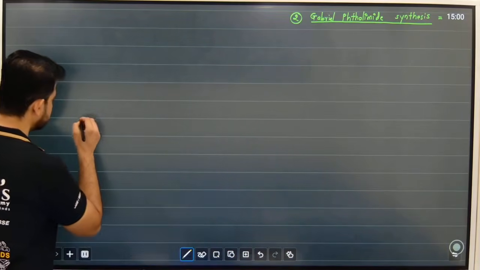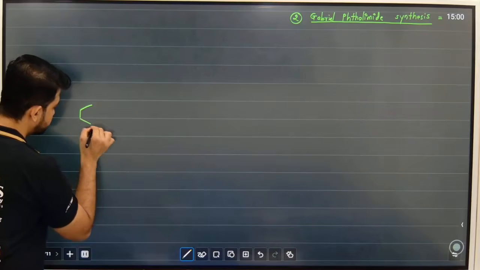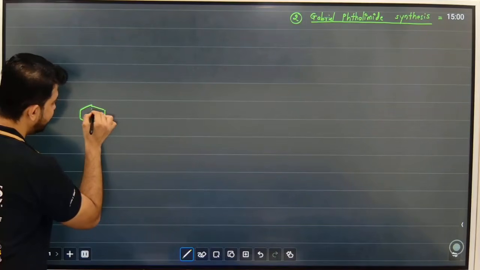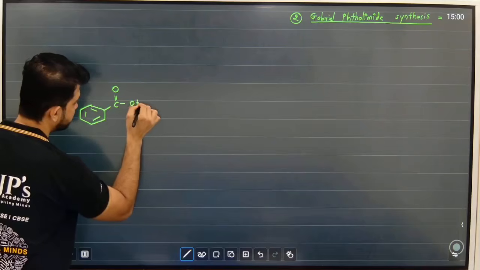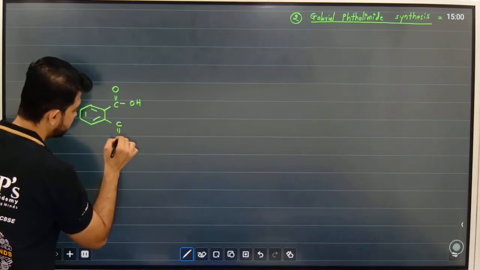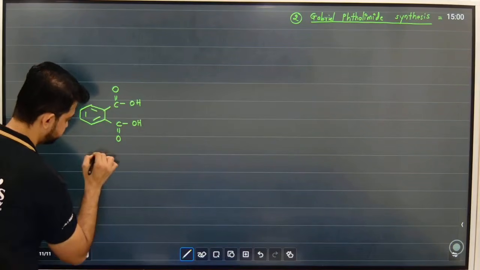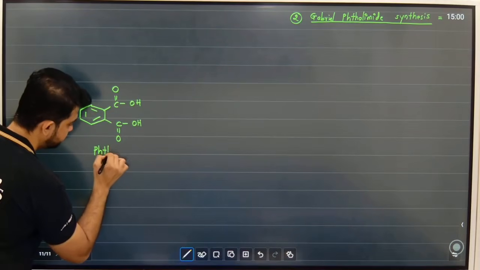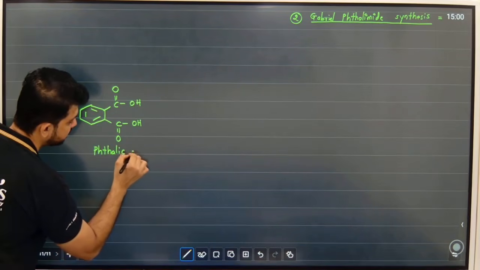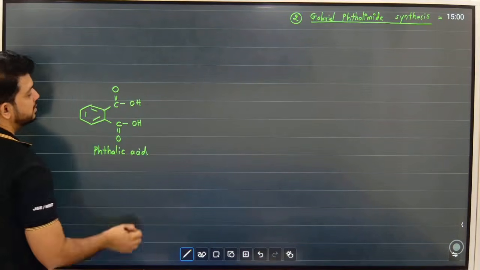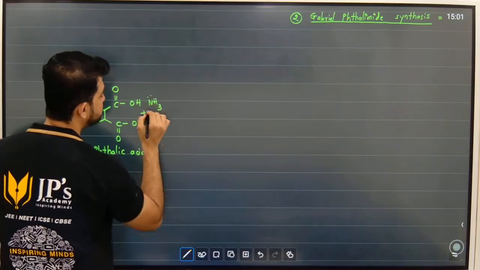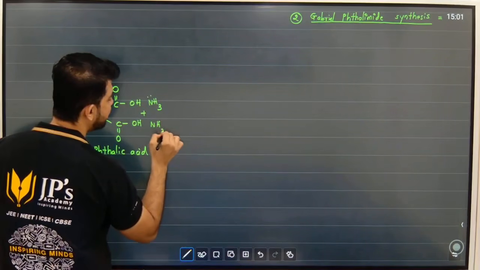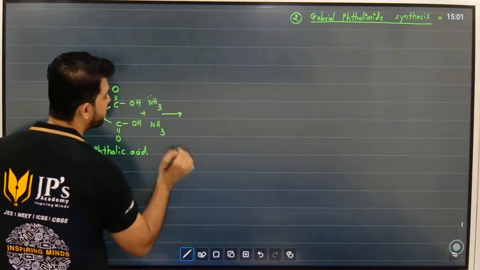So let's understand this. We start from, students, we start from phthalic acid. Students, ये है आपका phthalic acid. Now acid base reaction करते हैं यहाँ पे. So phthalic acid plus NH3. Students who have studied carboxylic acid, उन्होंने ये reaction वहाँ पे किया होगा.